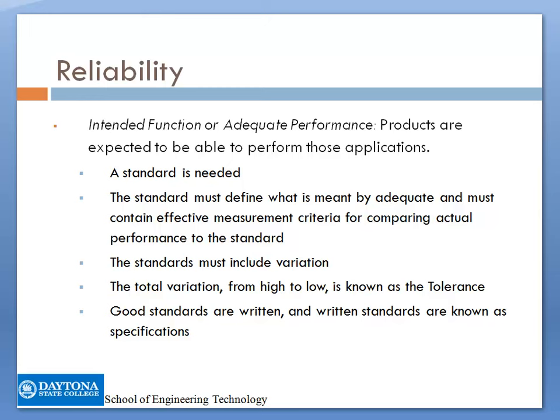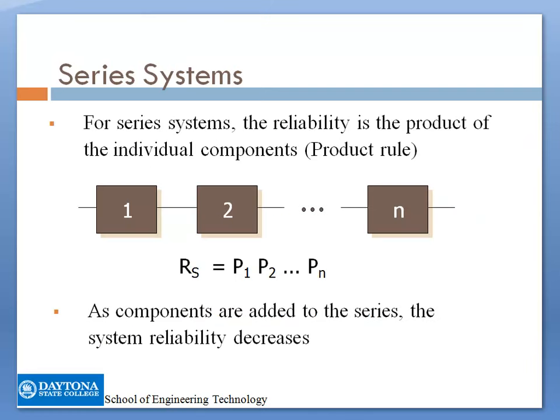So from a standard, we're going to come up with a tolerance, and those are the ones that our product must meet. Now, good standards are written, and written standards are known as specifications.